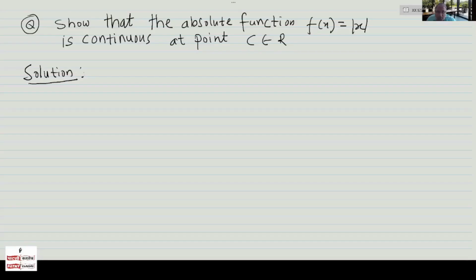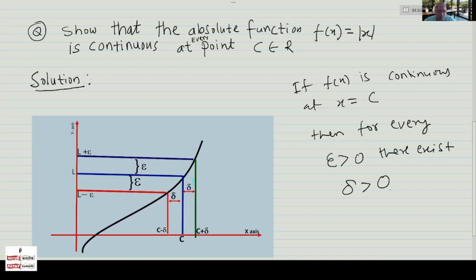Show that the absolute value function f of x equals modulus x is continuous at every point c belonging to R. If f of x is continuous at x equals c, then for every epsilon greater than 0, there exists delta greater than 0.